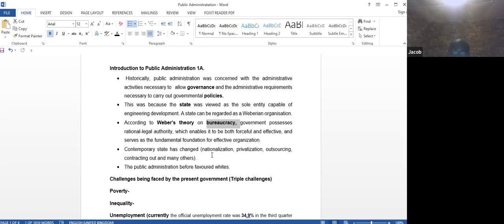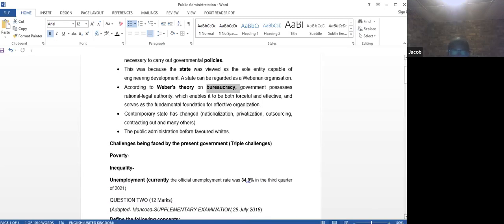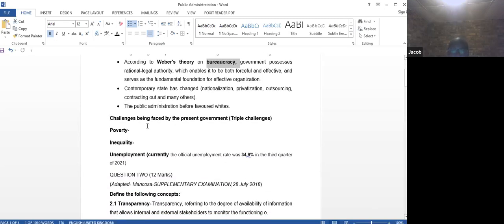But with time, we know that things are going to change. But as of now, we still have some challenges of inequality. These challenges are regarded as the triple challenges, which are poverty, inequality, and unemployment.